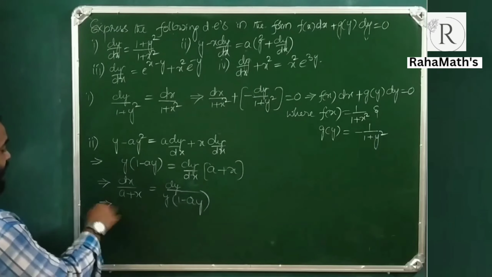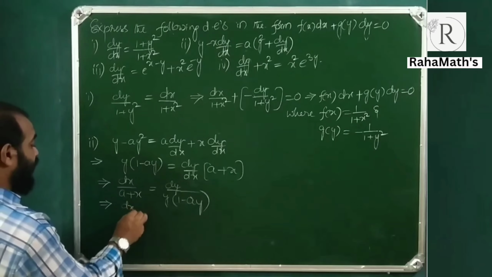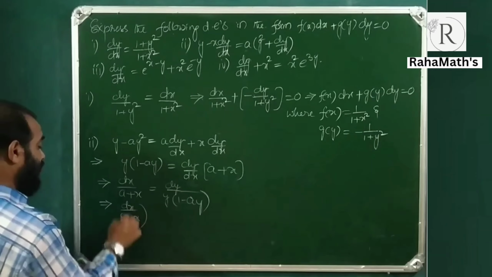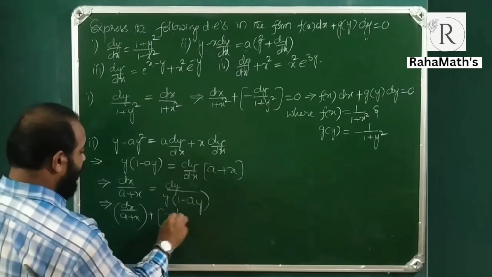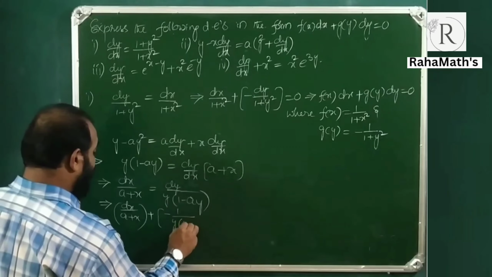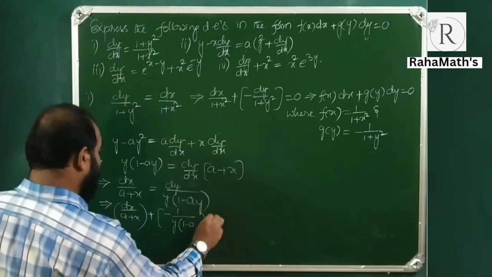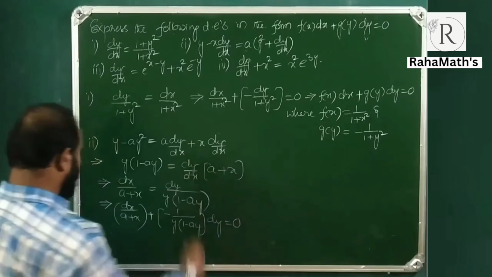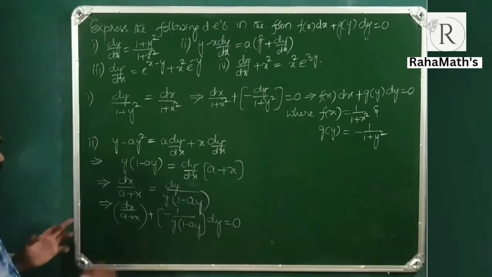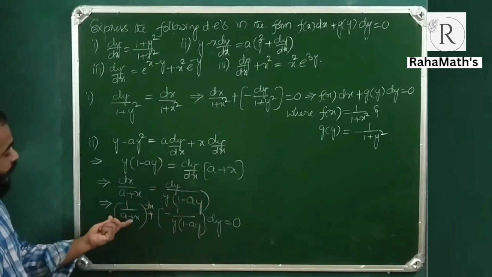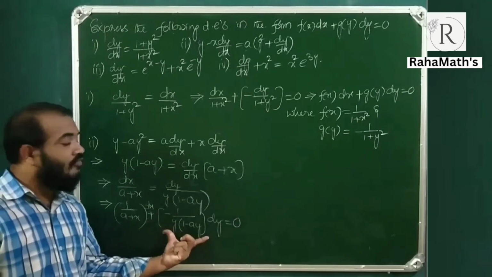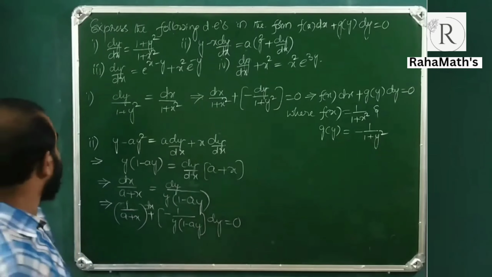So this can be written as dx by (a plus x) minus 1 by y into (1 minus a y) dy equals 0. This is clearly of the form f of x dx plus g of y dy equals 0.